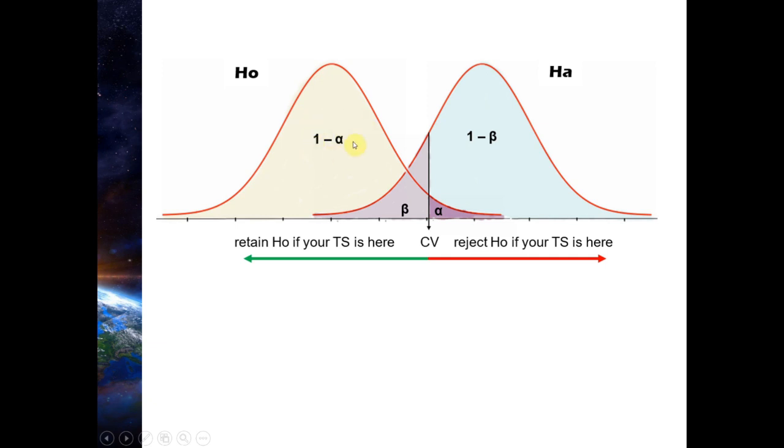This is the probability of correctly retaining H0, in other words, correctly recognizing that there's sampling error. And this is the probability of correctly rejecting H0, correctly detecting a treatment effect. This is the probability of a type 1 error, and this is the probability of a type 2 error.